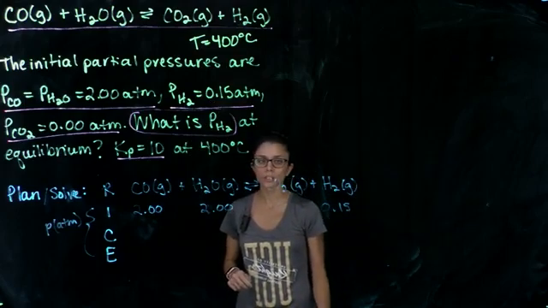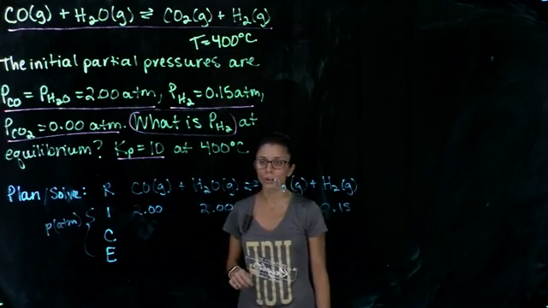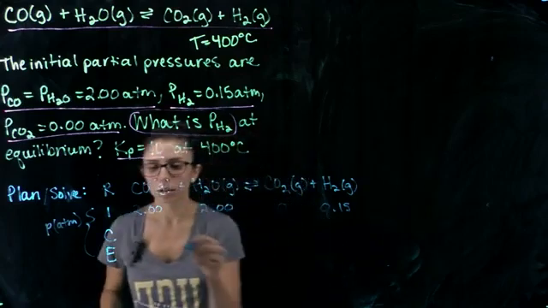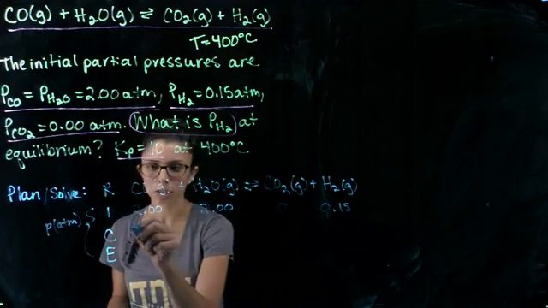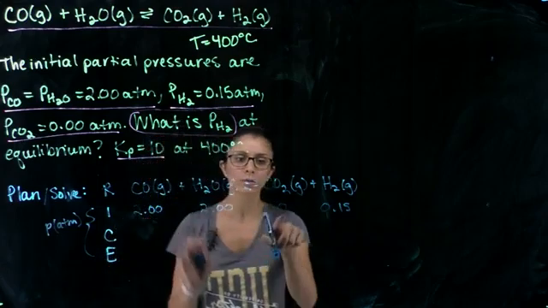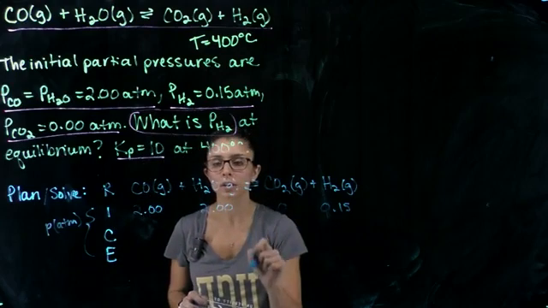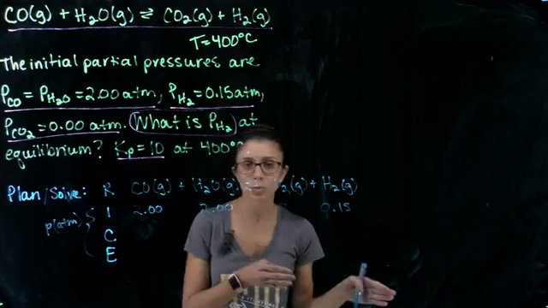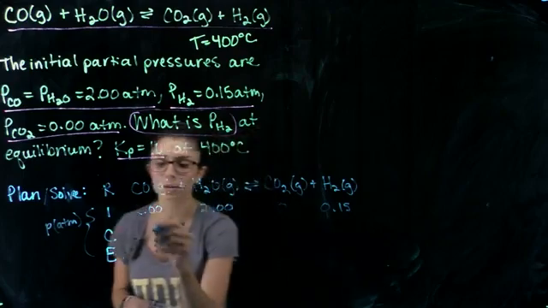All right, so since my stoichiometric coefficients are all 1, the changes are going to be proportional, or the changes will be equivalent. So I would expect that since my Q value, based on the 0 here, would be 0, that I would be shifting towards the product side, which means that some of my reactants are going to disappear.